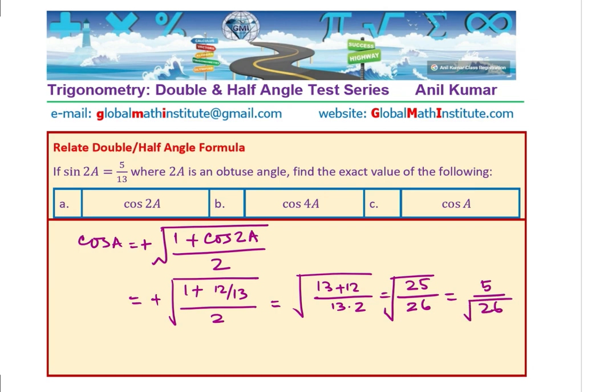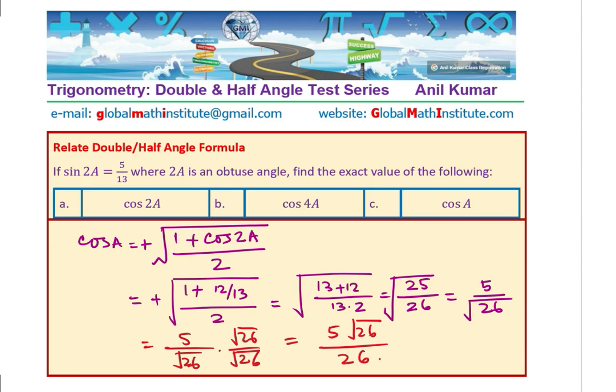Now, it is customary to rationalize this and then rewrite the answer, right? And therefore, we are going to rationalize it. So once I do that, I get 5 over square root 26 times square root 26 over square root 26. And that gives me 5 square root 26 over 26 as the answer.